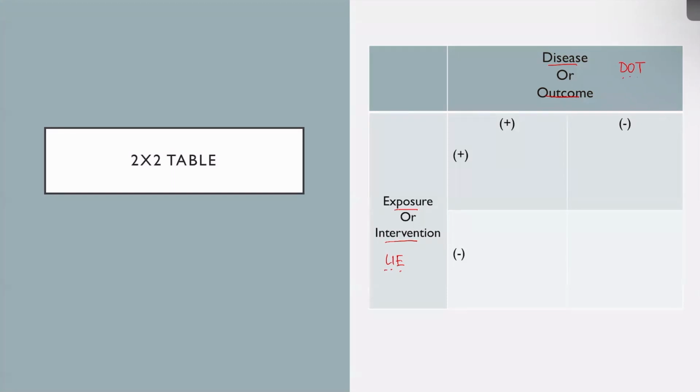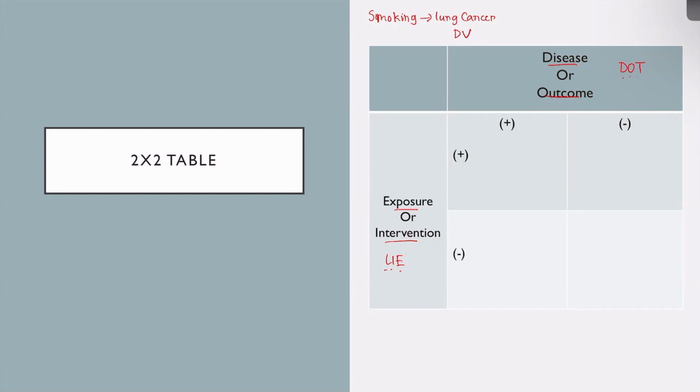Let's take an example. Suppose smoking is causing lung cancer. Lung cancer is somewhat dependent on smoking, right? So this is your dependent variable. On the other hand, smoking is independent.